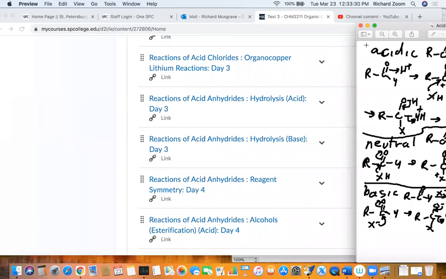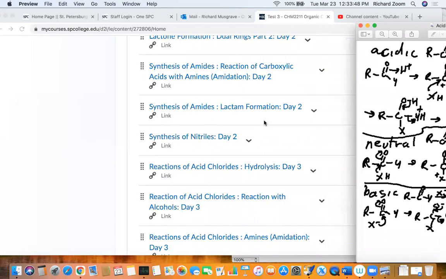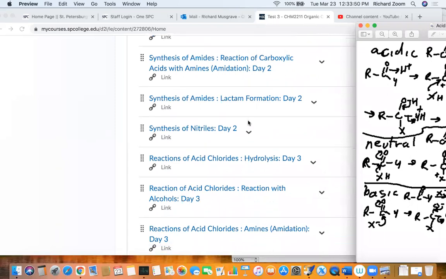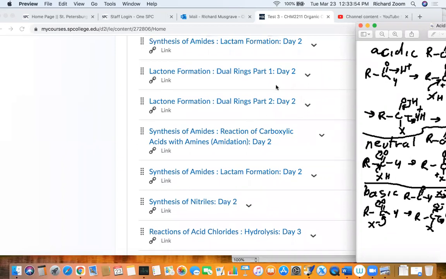Now, let me see what's going on here. Somebody's put something in chat, and I'm just trying to figure out what they've put. Let's have a look. Lactone ring was not short. No, you're right about that, Peter. But that one's covering a whole other question that we haven't been through yet. Lactone formation or dual rings.